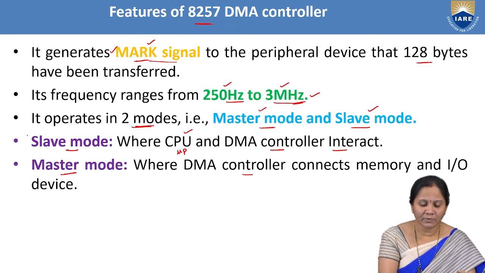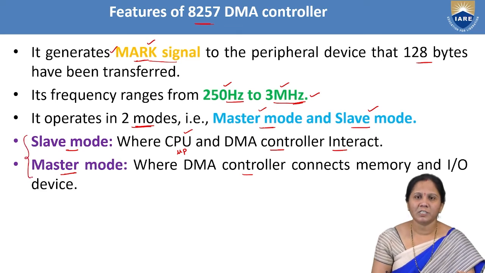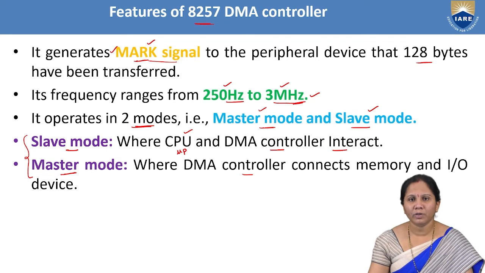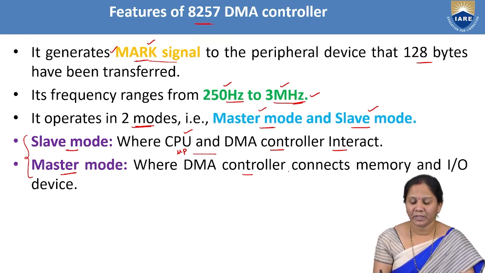So this is the main difference between slave mode and master mode: which blocks are going to communicate. In the slave mode, the microprocessor and DMA controller communicate, whereas in the master mode, the DMA controller communicates with the main memory and IO devices.